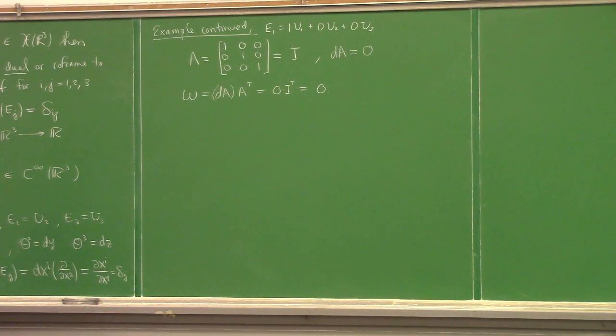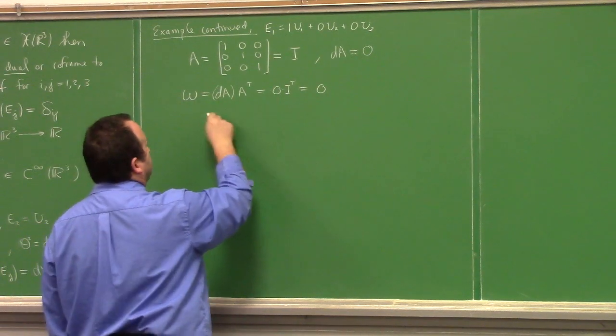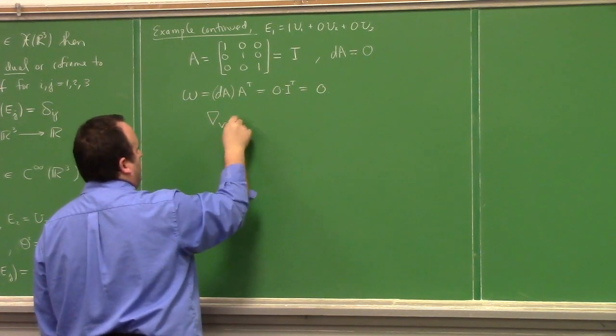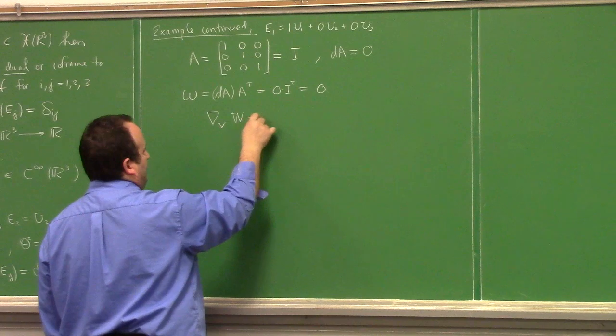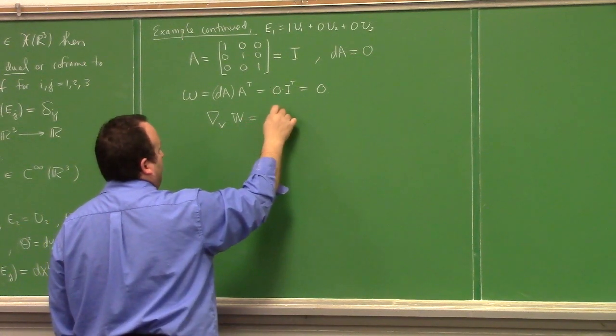And going back to the formula for the covariant derivative, the covariant derivative of W with respect to V is what?